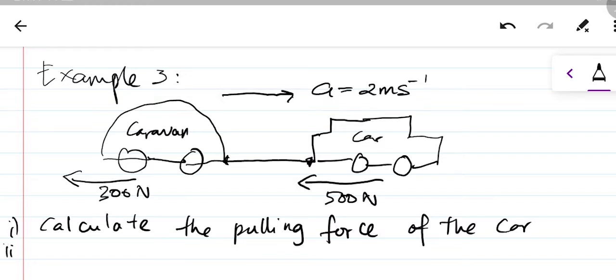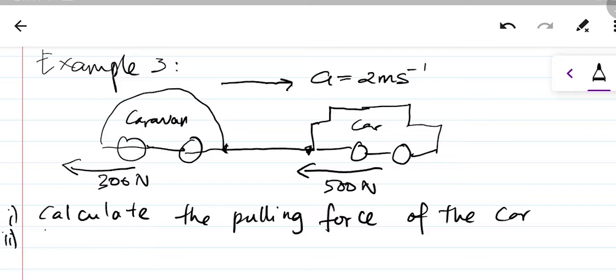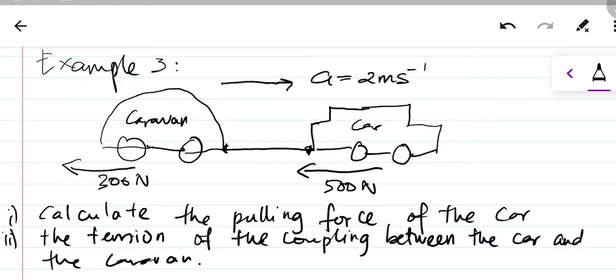And then number 2, the tension of the coupling between the car and the caravan.